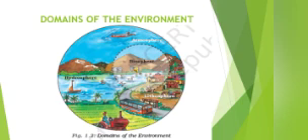Students, what we learnt till now was the domains of the earth. Now try to understand it through a picture given at page number 3 as domains of the earth. You can see a farmer cultivating his field, a bus moving on the road, and a number of houses can be seen behind.